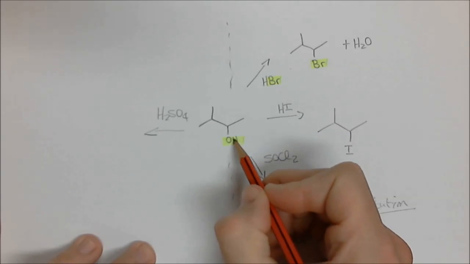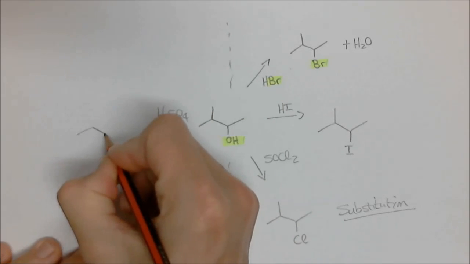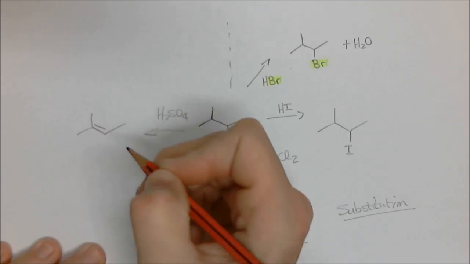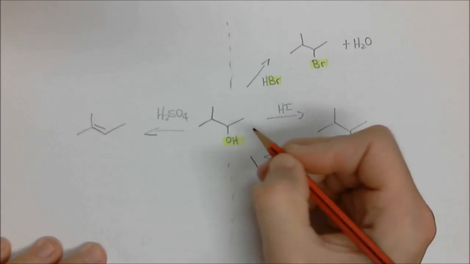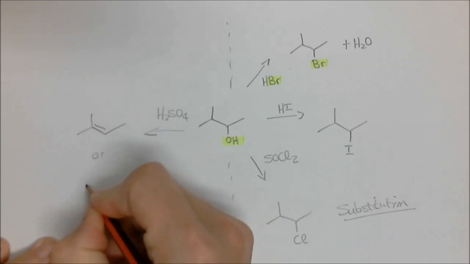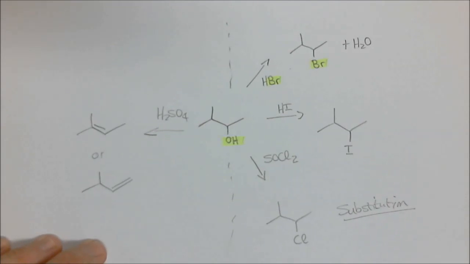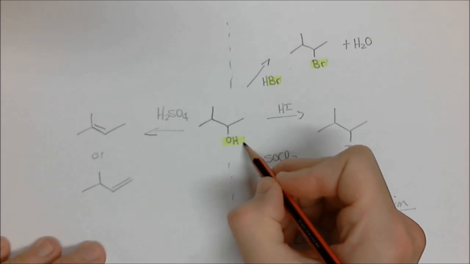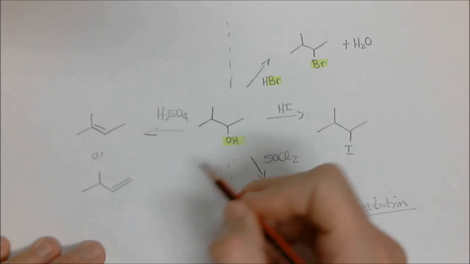So when this water gets removed, we get two possibilities. In both cases it is a double bond. The double bond goes to this side over there, and the other option is where it goes to the other side, like that.